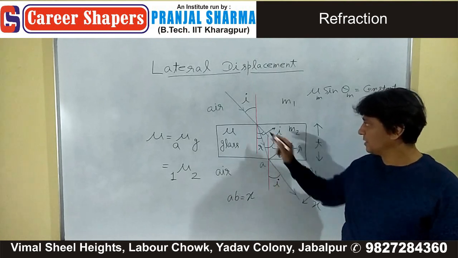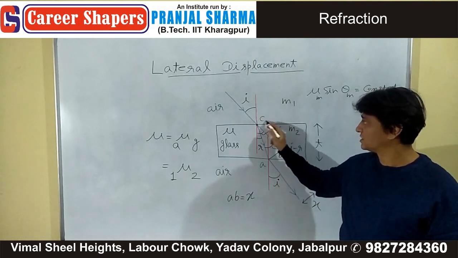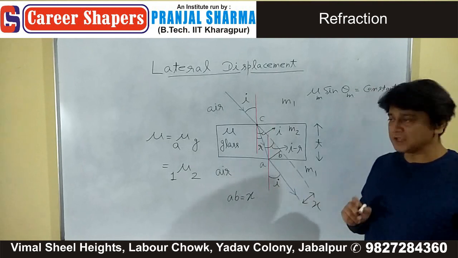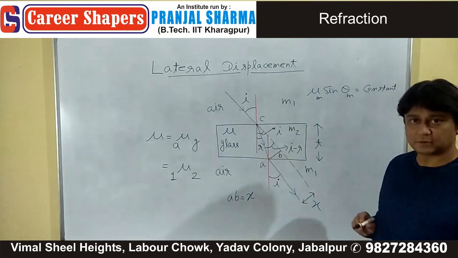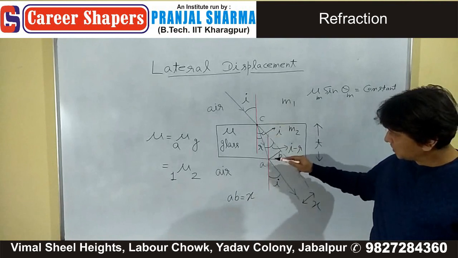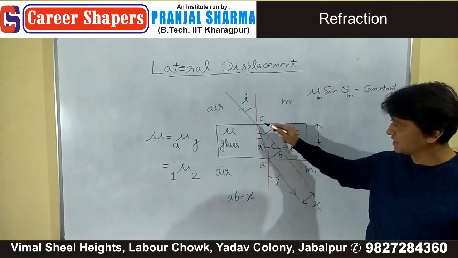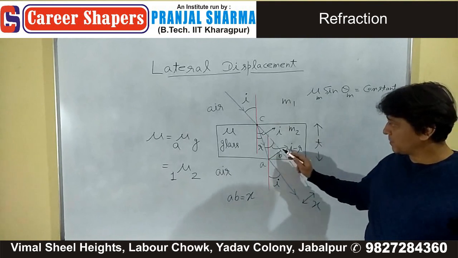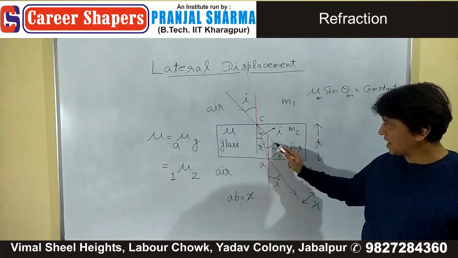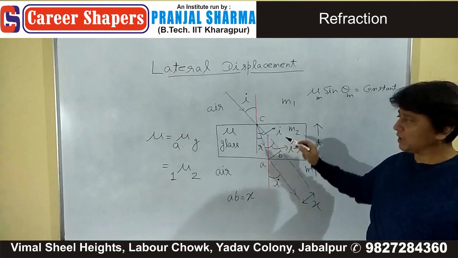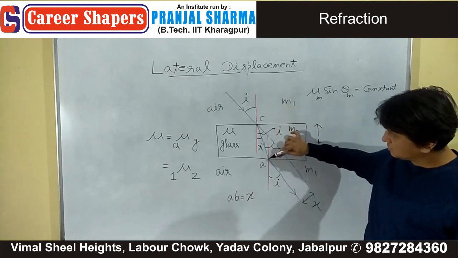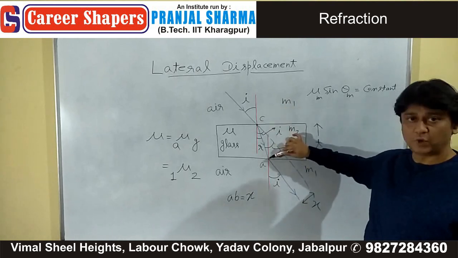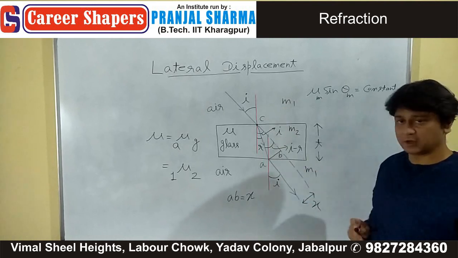This is AB. Let's say this is C. Now you can see a right angle triangle. This is the right angle triangle ABC. In this right angle triangle, we need the perpendicular. We have the angle I minus R. If we can find out this AC, we can easily calculate AB.